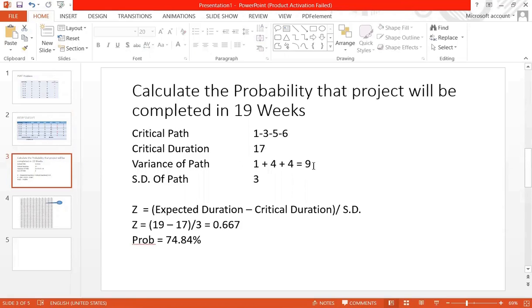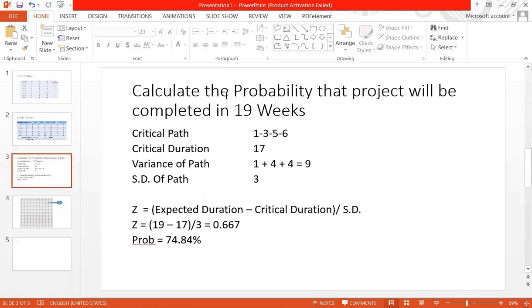Variance of the path is 9. This is 17 weeks, and this is also 9 weeks. Standard deviation of path is 3. Standard deviation is the square root of variance. So whatever is the variance, we take the square root of that and we get the standard deviation. So standard deviation of the path is 3.